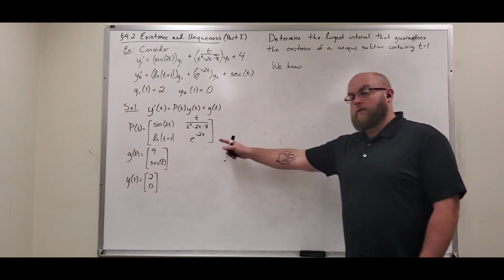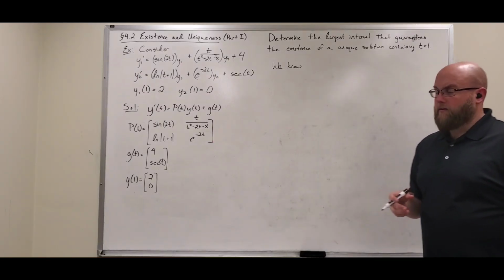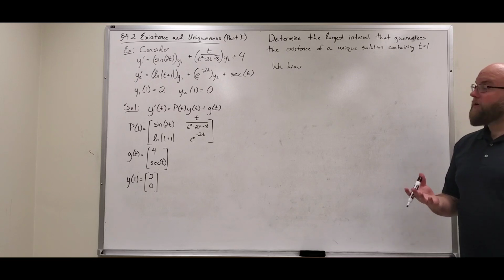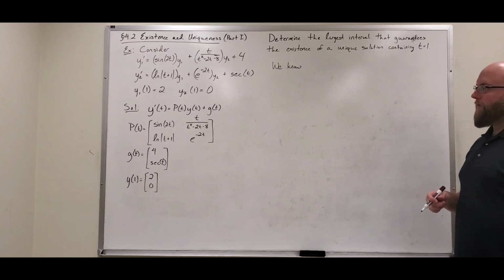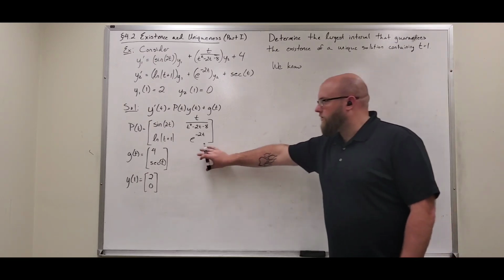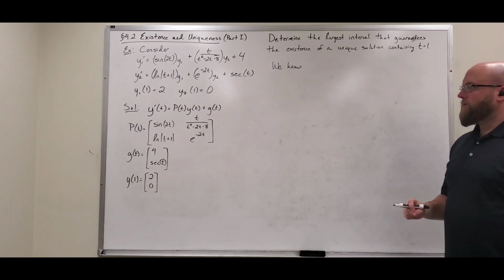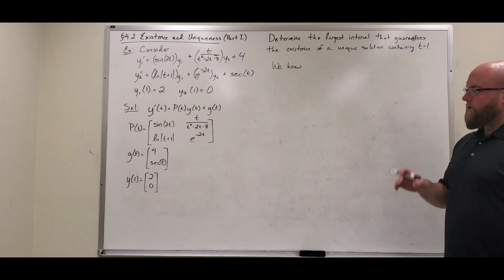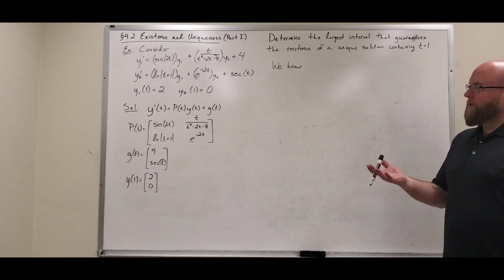Likewise, this exponential function, e to the power of negative 2t, that guy's good too. So those guys are continuous everywhere. Well, that knocks out our P matrix, so let's look at G. Well, secant's a different story, so let's get into 4. Well, 4 is a constant value. 4 is continuous everywhere.